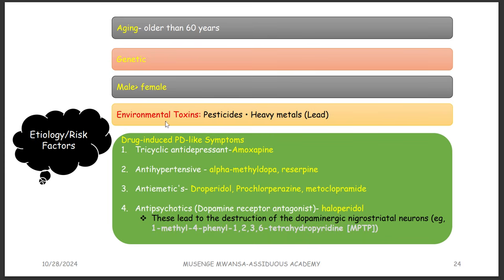Apart from that, there's also drug-induced Parkinson's disease, and I've seen quite a lot of questions on this one. What are some of the drugs that can cause or result in Parkinson's disease? The tricyclic antidepressants, the TCAs, like amoxapine.